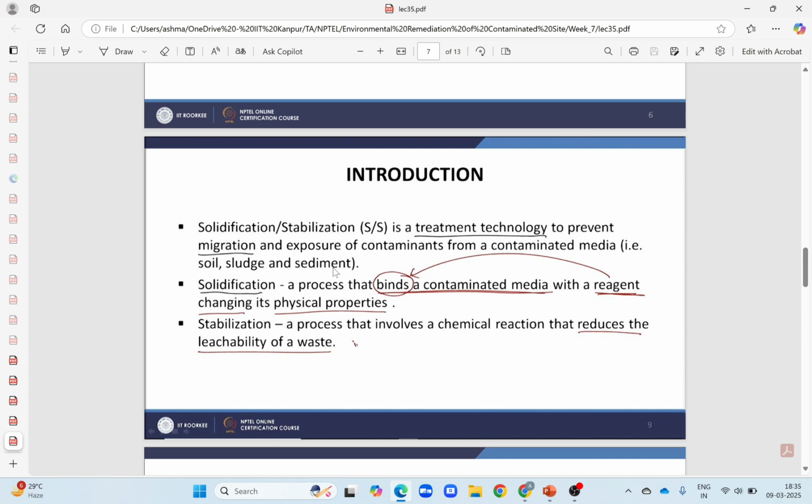In this, either solidification is done where a reagent is added so that it can bind the pollutants in the soil and confine the mobility of the pollutants. And next is stabilization where something is added which involves a chemical reaction and that reduces the leachability of the toxics, the leachability of a waste.